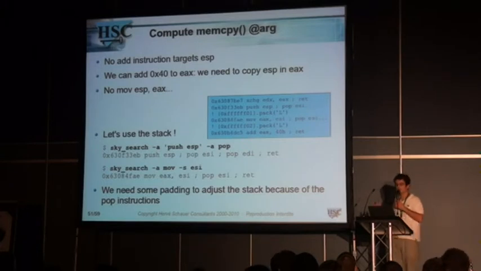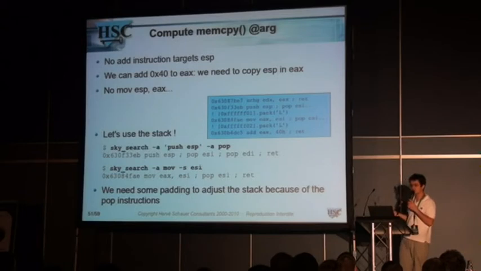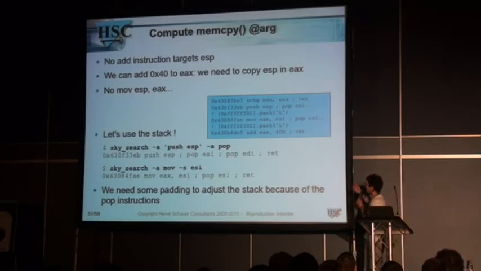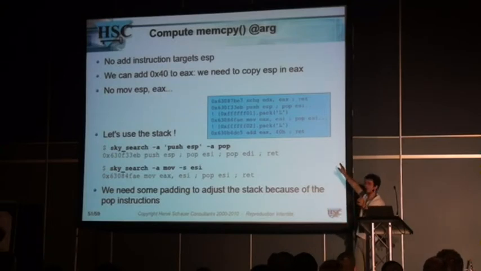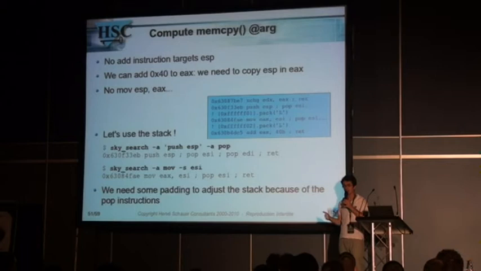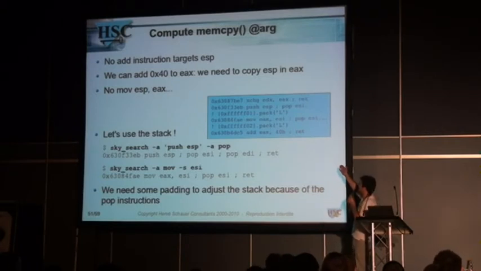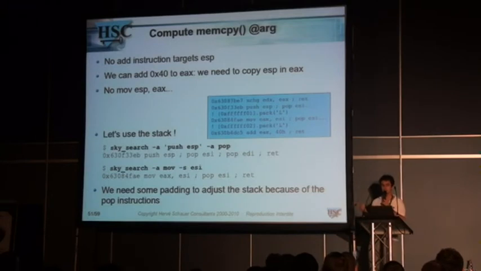Okay, so once we have done that, we can write all of it in our shellcode. And if you recall, at this line, we have a backup of EAX into EDX, and we have in EAX the value of ESP incremented by 40 bytes.